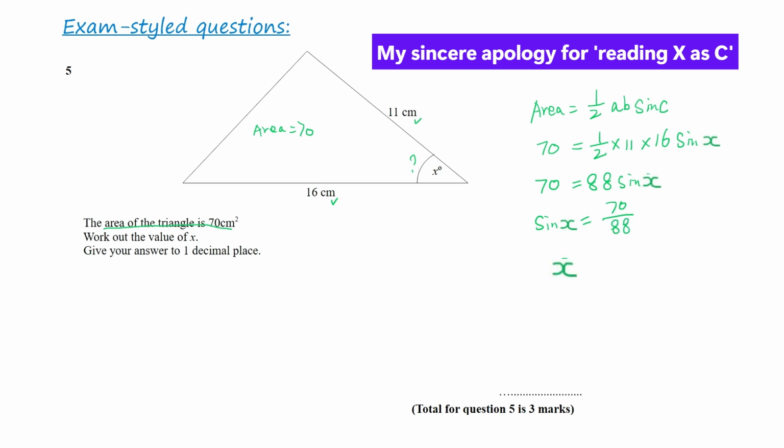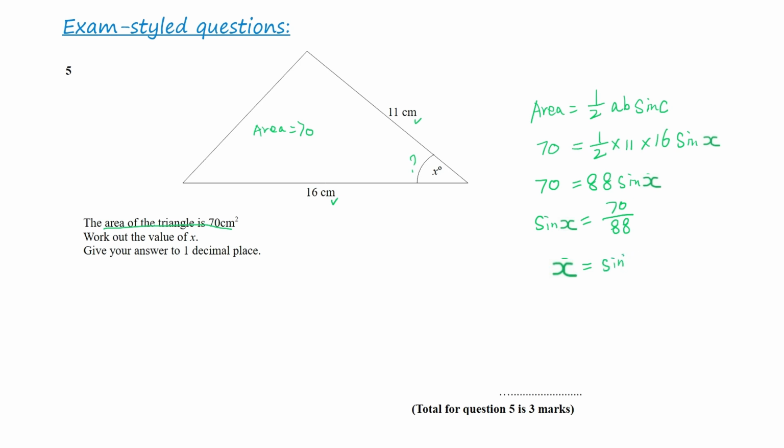So angle C is arc sine of that, and now you can use a calculator, and my answer is 52.7. If you have a calculator with you, you can do the calculation too, and this is the answer.